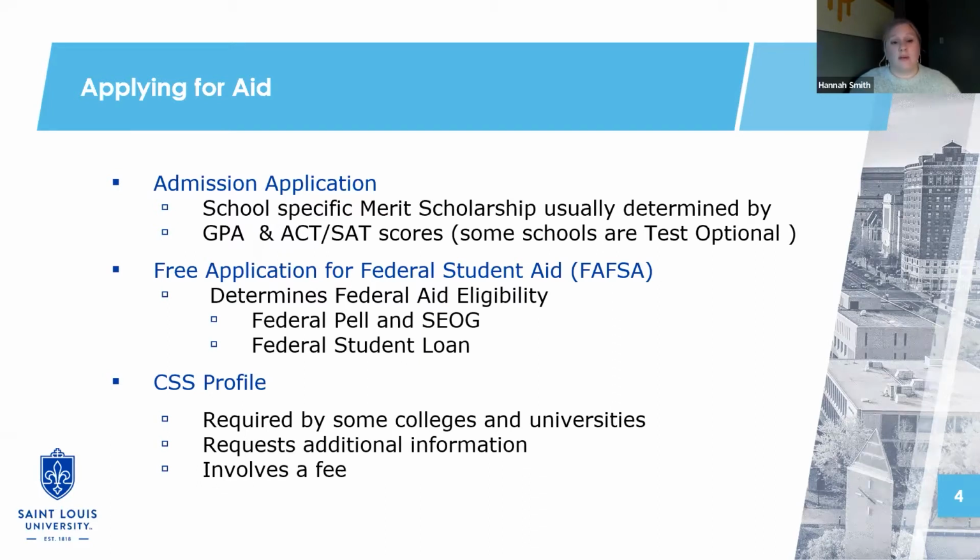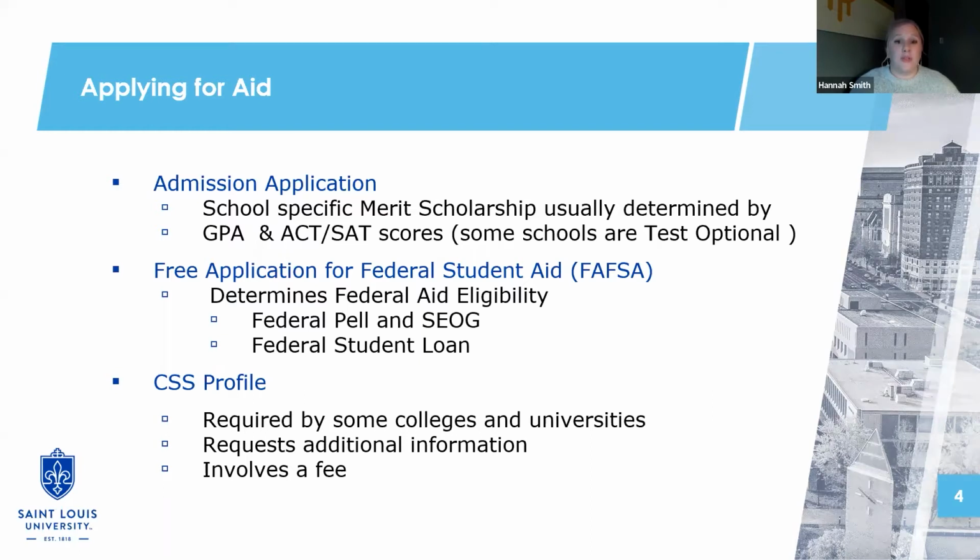If you're going after some federal aid, those are things like the federal Pell Grant or the Supplemental Educational Opportunity Grant, and your EFC, or your expected family contribution that comes from filing the FAFSA, does have to be pretty low to qualify for federal grant money. All families, regardless of their expected family contribution, will qualify for a certain threshold of federal student loans just by filing the FAFSA. So that's another good reason to go ahead and file the FAFSA, so that you have that financing option in your back pocket if you need it to cover that remaining balance.